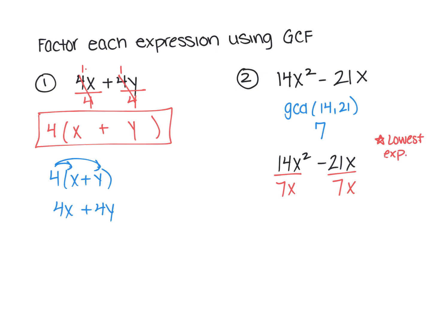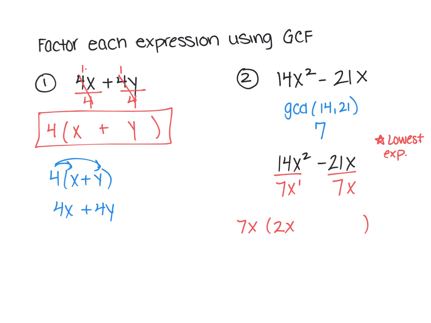So we took out our GCF of 7x, we put it on the outside, followed by an open parenthesis, just as we did before. And now we're going to divide. 14 divided by 7 is 2. X squared divided by x, we keep the base and subtract the powers. So 2 minus 1 is 1, so 2x.